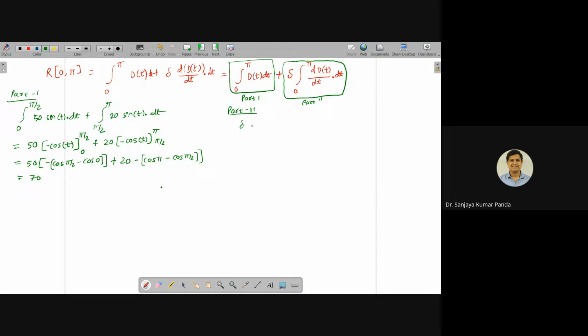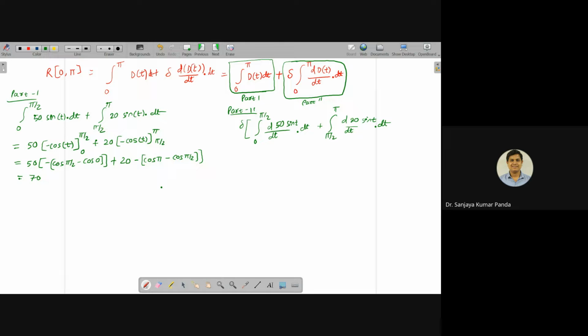So this is the integral from 0 to pi by 2 of the derivative of D(t) dt, where D(t) is 50 sin t, plus the integral from pi by 2 to pi of the derivative of 20 sin t dt.